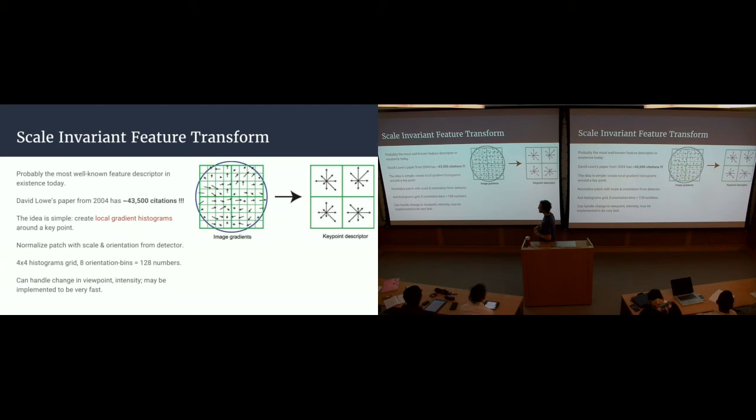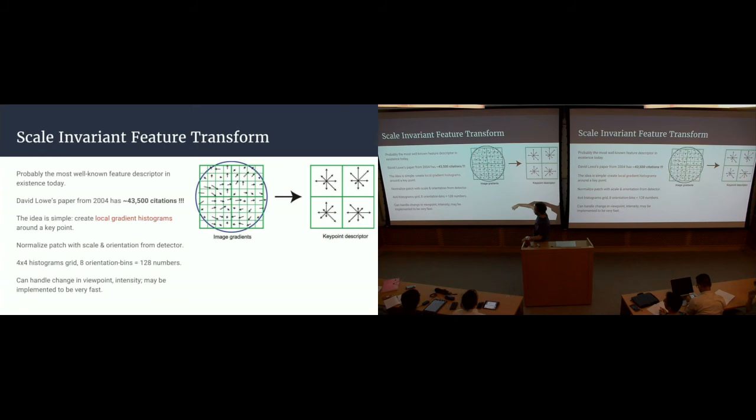I won't ask you to implement it because I don't think it's a good use of your time. But the idea is that for every key point, you take a histogram of gradients over some sort of a grid. So you have a certain point, and you divide the area around your corner pixel into 16 cells.